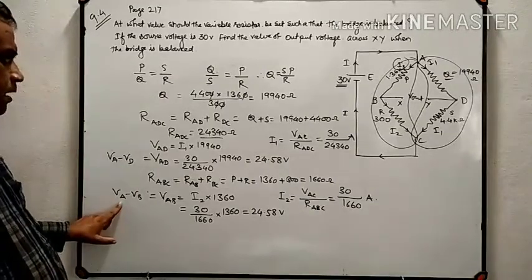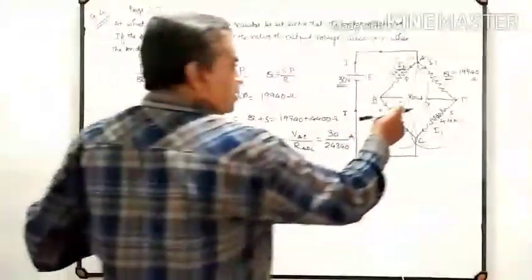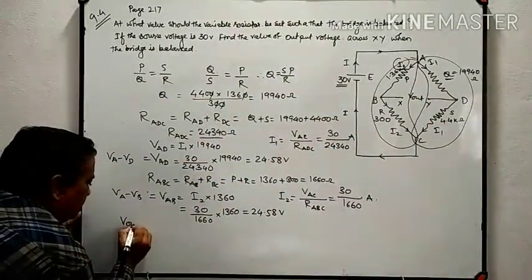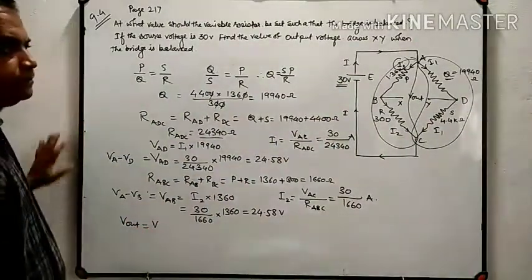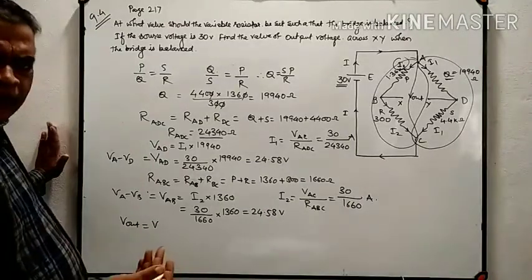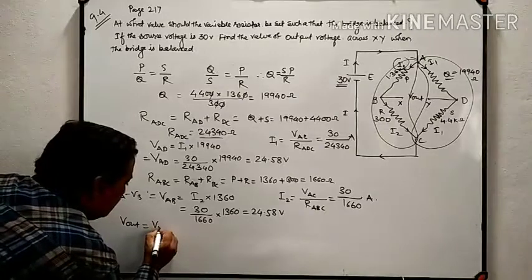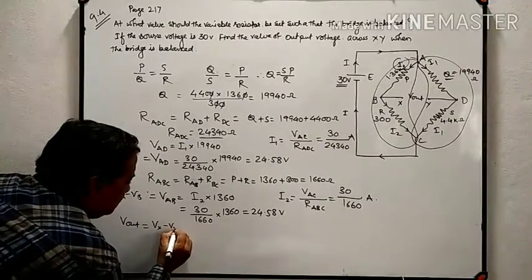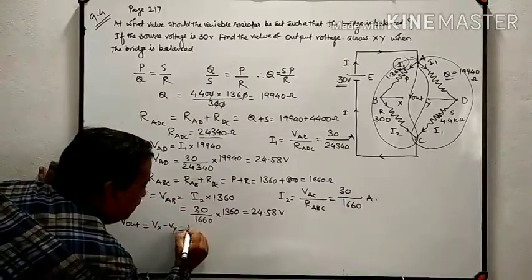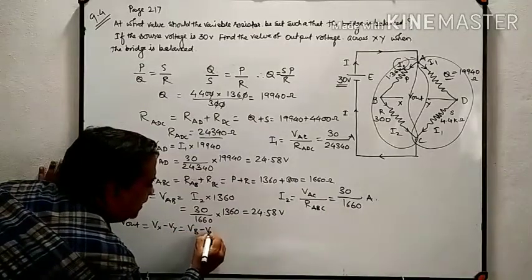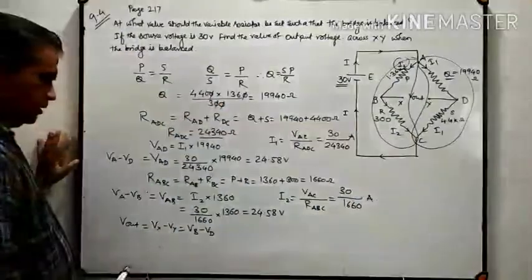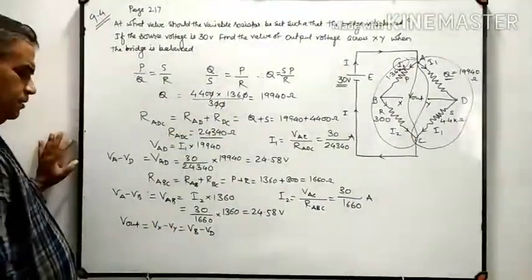Now, I want to find out output voltage. V out is equal to Vx minus Vy. Means this VB minus VD, because x is connected to B, y is connected to D. Therefore, VB minus VD.